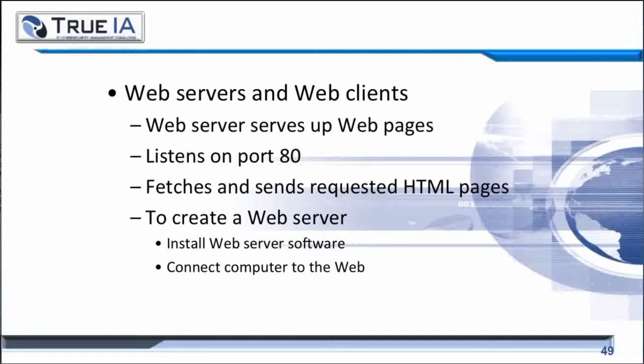Understand that any web server is only capable of housing that particular page's information. To create and host an additional web page, for that you'll need another server service. You'll need to install another piece of web server software, obtain another IP address, and connect that computer to the web just like you did previously.